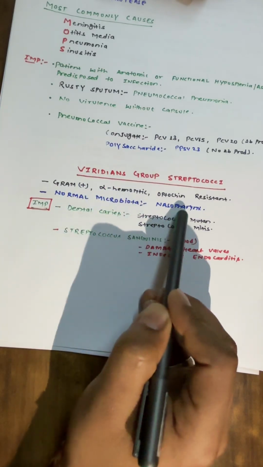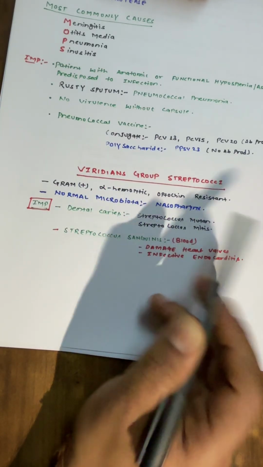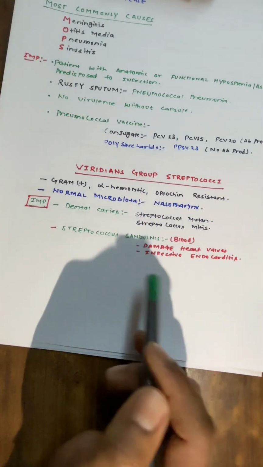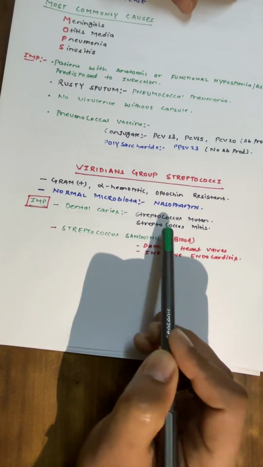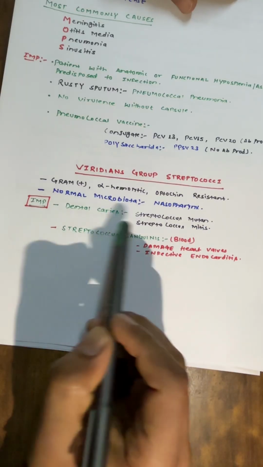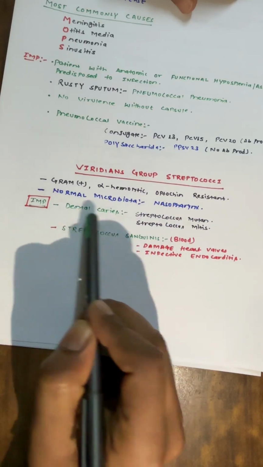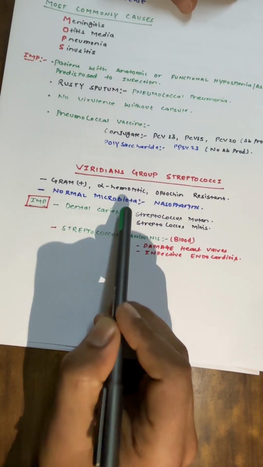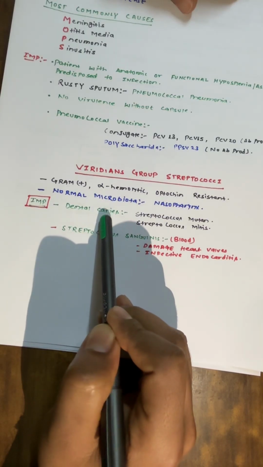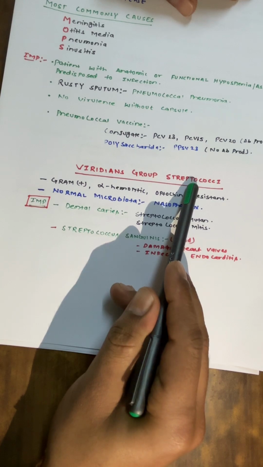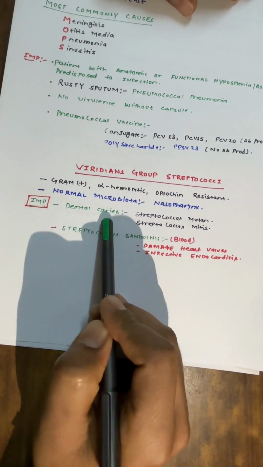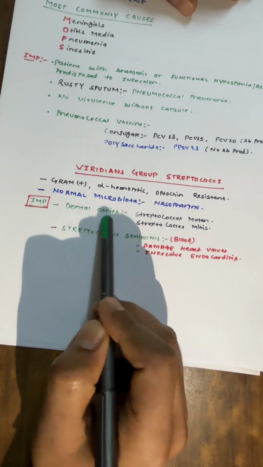They are normal microbiota of the nasopharynx. We must remember their key species: Streptococcus mutans and Streptococcus mitis. Both species cause dental caries. Whenever you see dental caries in a patient, always think of the Viridans group of Streptococci. In MCQs they also try to give a clue by mentioning dental caries.